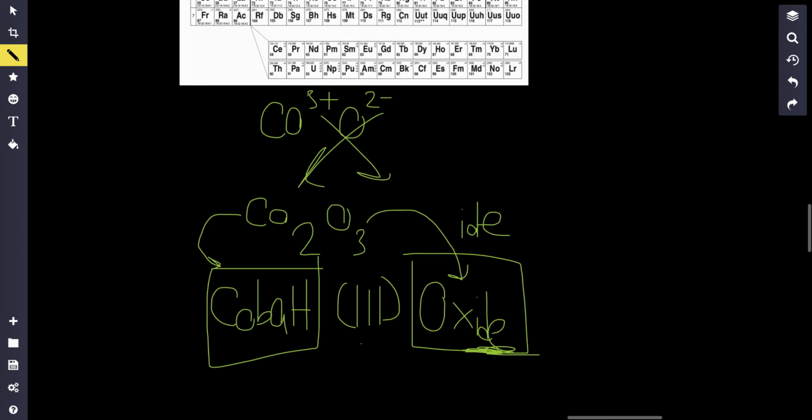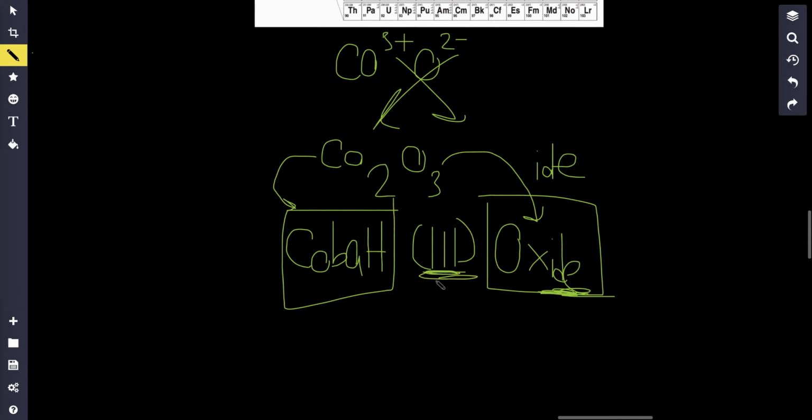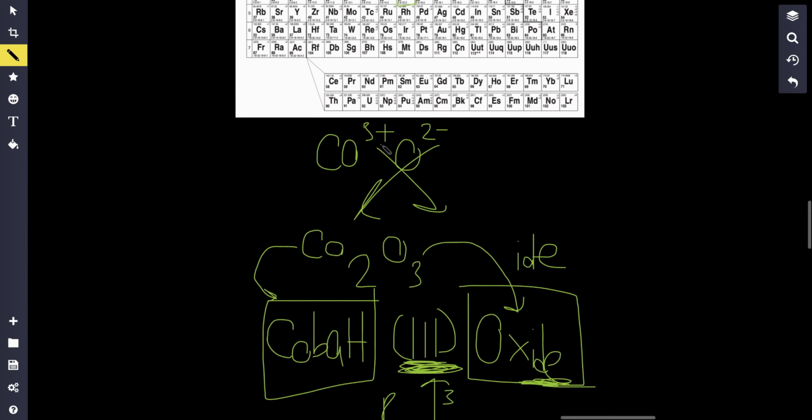If you're dealing with a polyatomic ion, don't do anything. The only thing you have to do differently is put this 3 in Roman numerals, so you have to know your Roman numerals. Essentially, this Roman numeral represents the number 3 because you have cobalt 3 plus. It wants to lose 3 electrons.